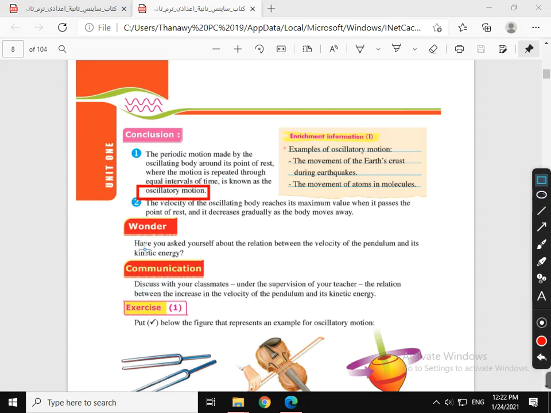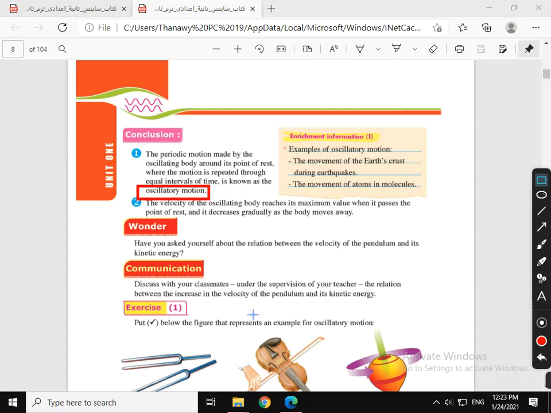The velocity of an oscillating body reaches its maximum value when it passes the point of rest, and it decreases gradually as the body moves away. And the kinetic energy equals half mass times v square, so the kinetic energy is directly proportional to the mass of the oscillating body and v square.